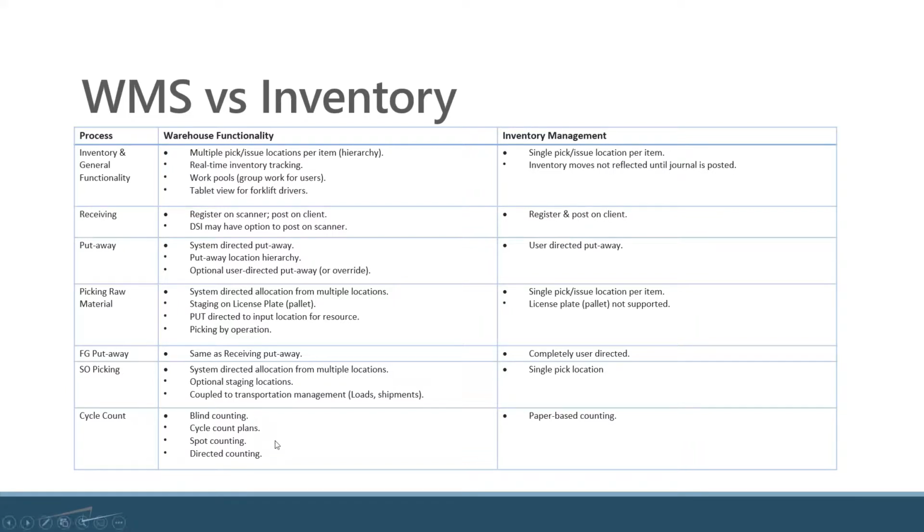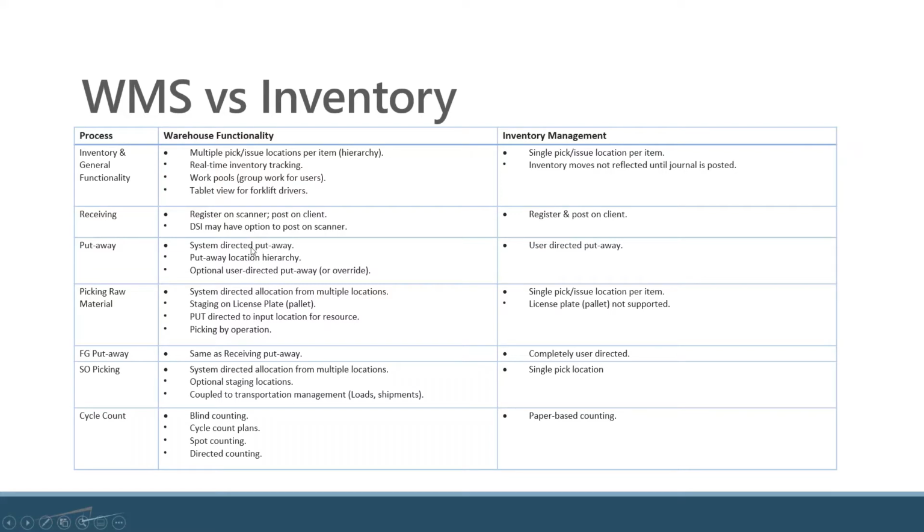They'll start with the cycle counting for direct material management and planning and reporting, etc., to get away from the paper-based cycle counting or the more manual cycle counting. This is where we start talking about license plates, where I'm starting to gather up materials and start putting stuff away.